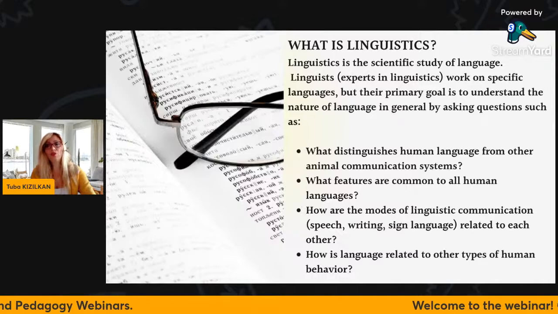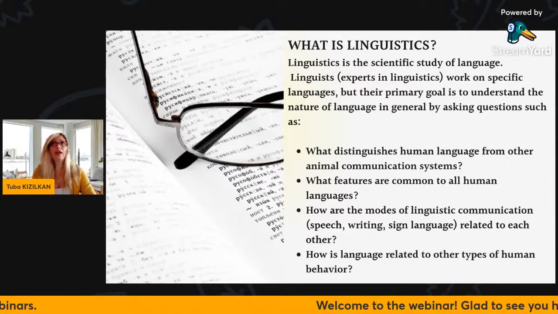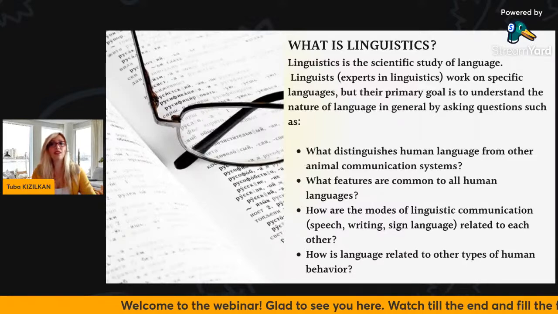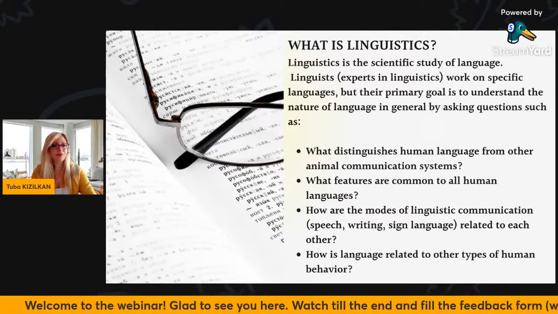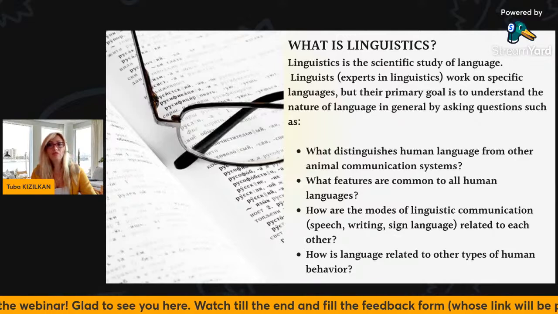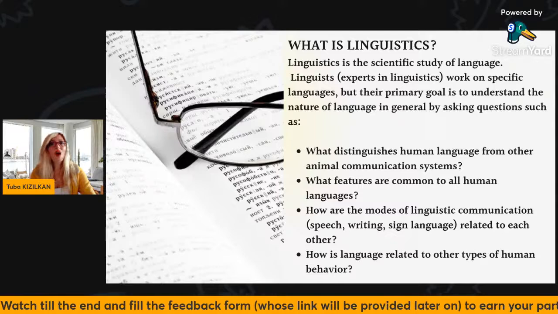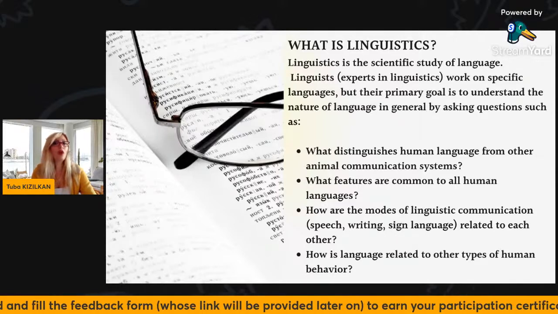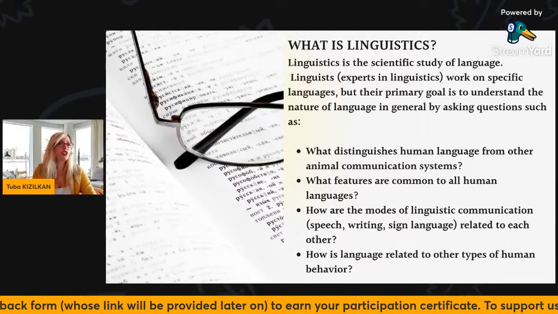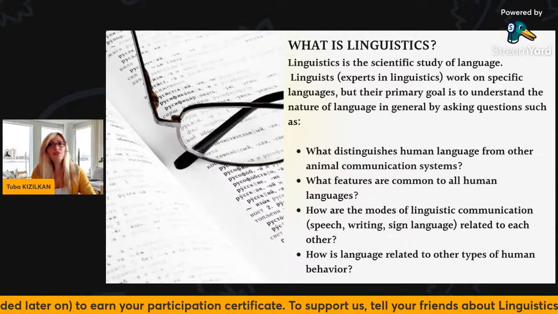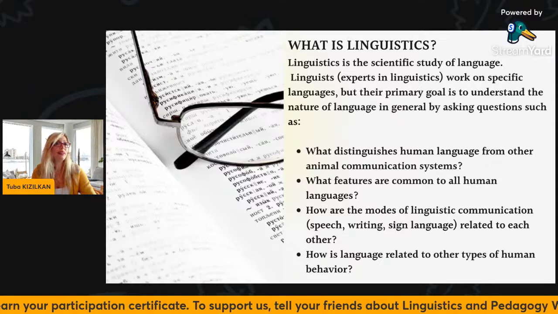We have so many questions which can be asked by linguists, candidate linguists, students, and English teachers. The main questions can be like: what distinguishes human language from other animal communication systems? That's a basic question for a linguist to ask. And what features are common to all human languages?